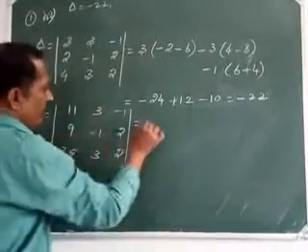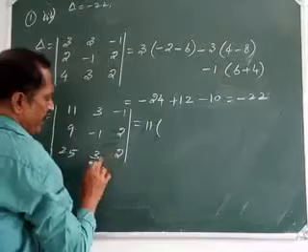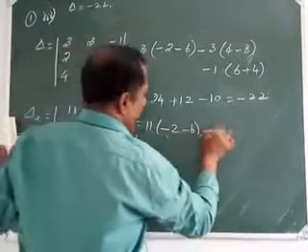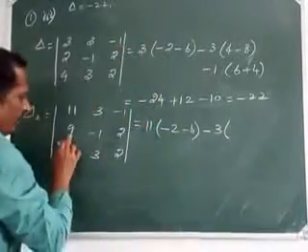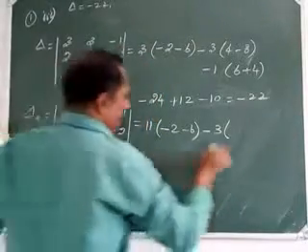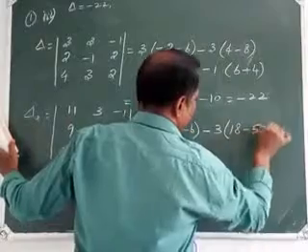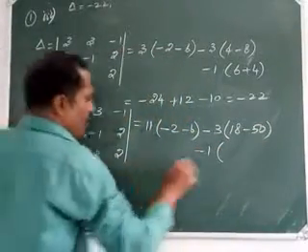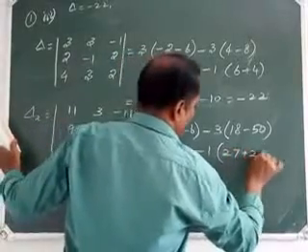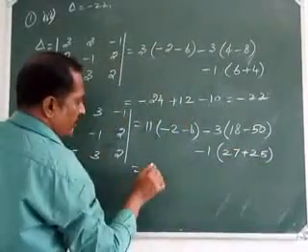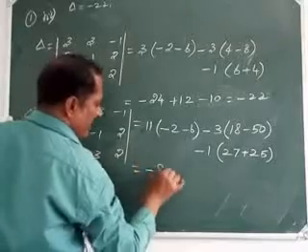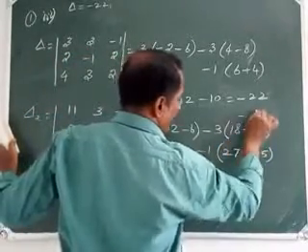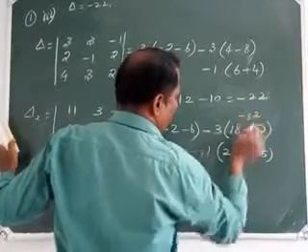Which is equal to 11 into minus 2 minus 6, minus 3 into 18 minus 50, and then minus 1 into 27 plus 25. So this is equal to minus 88 and the minus 32.